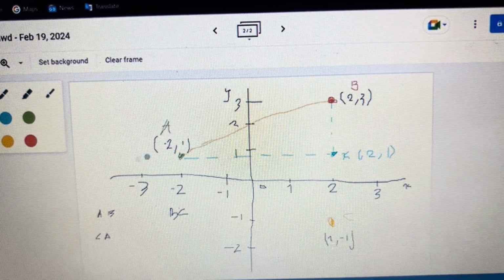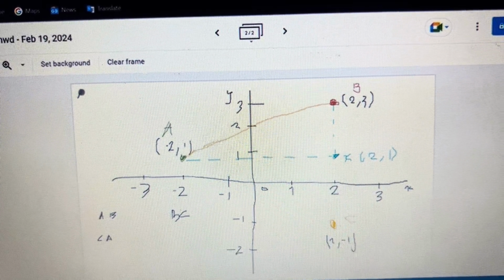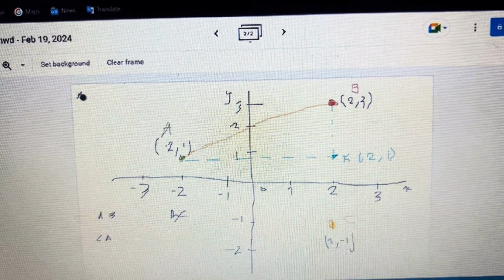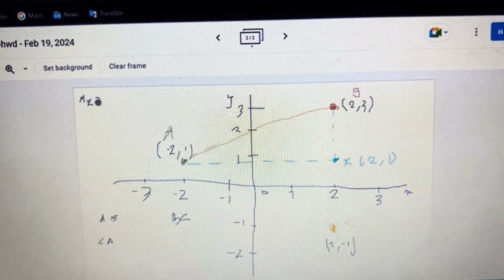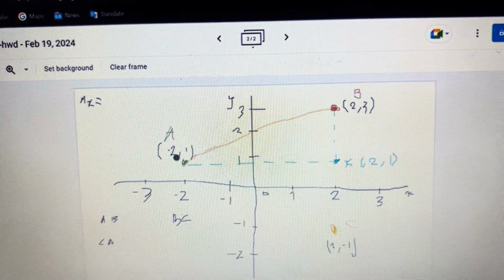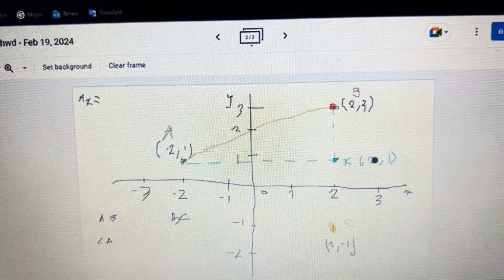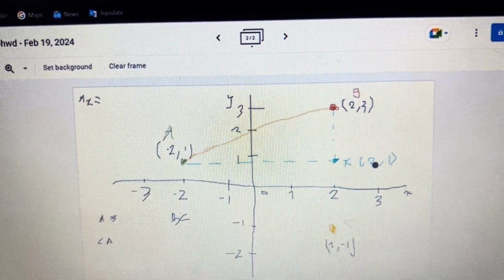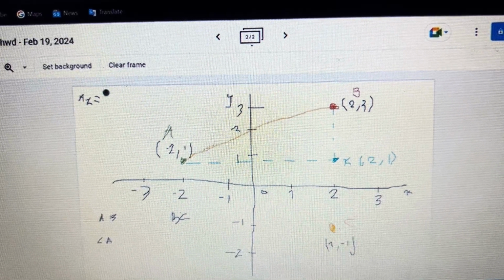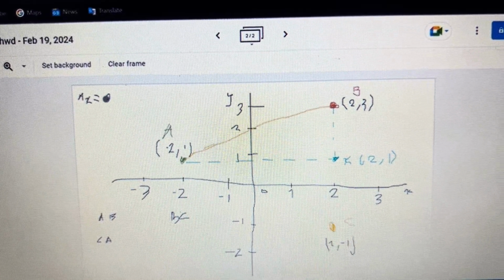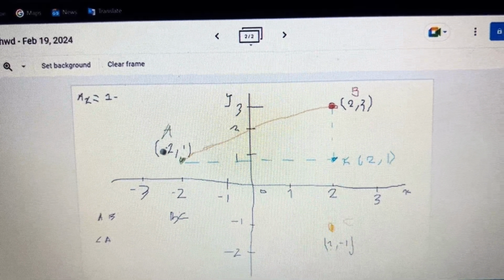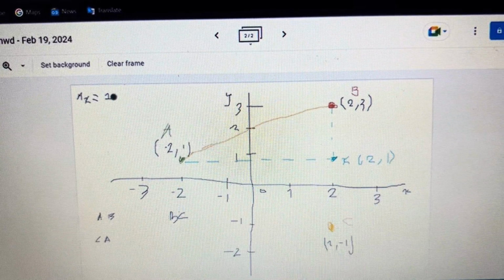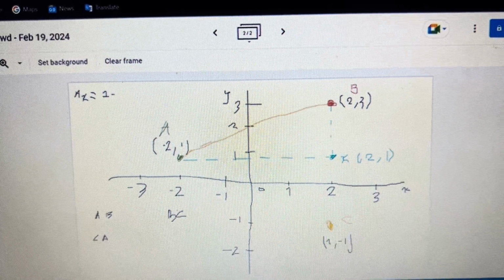So let me just do it somewhere here. You say AX is equal to, so the bigger one between the two is the positive 2 here. Positive 2 is bigger than negative 2, so I'm going to start with positive 2. Since we're subtracting the smaller one from the bigger one, then I say minus, and then this one here, which is negative 2. My 2 looks like a 1.